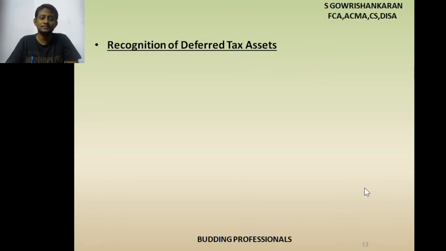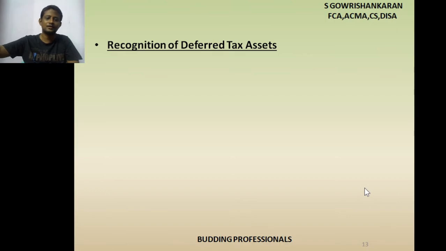There should be some certainty in estimating our future revenue. Got it or not, what I am saying? Initially we credited our P&L account and are expecting that in future we will debit our P&L account. When we debit our P&L account, you should have revenue. If you have revenue, then only you will get profit. If you have a profit, then only you can debit this deferred tax asset.